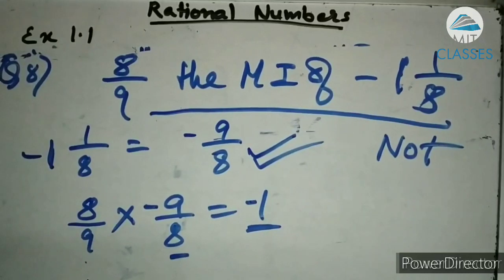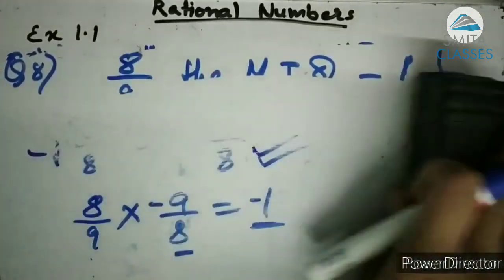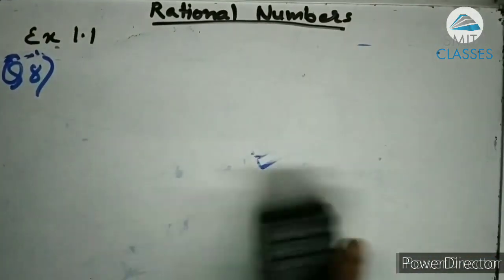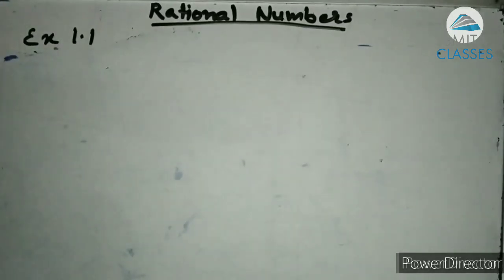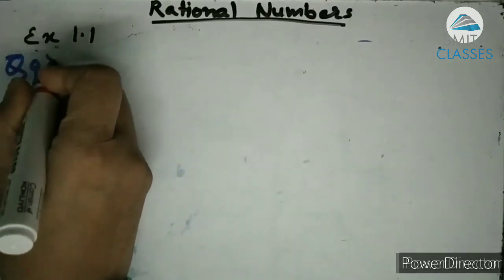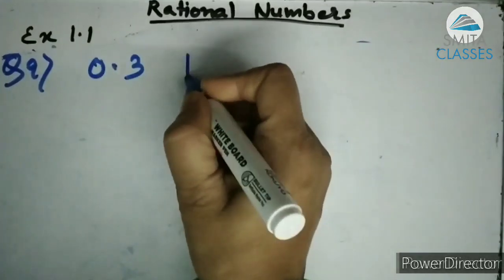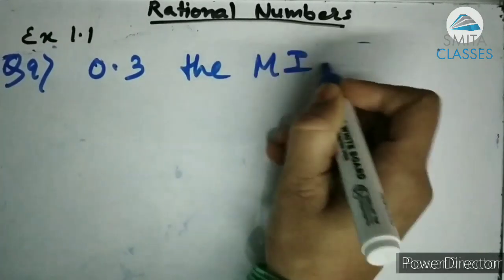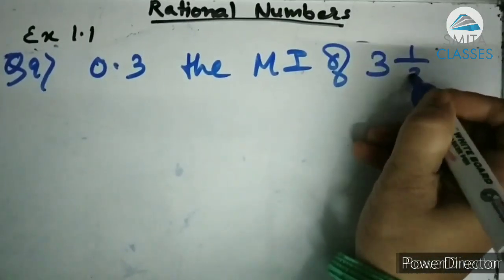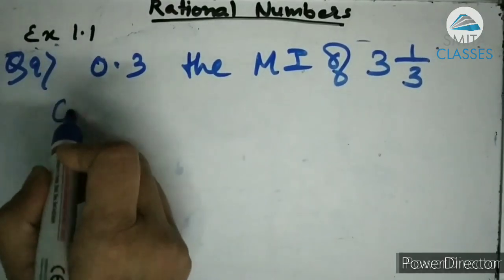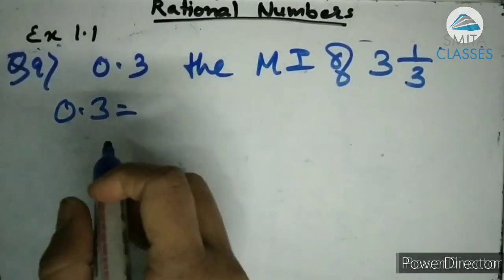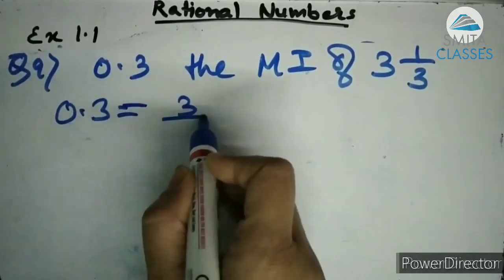Okay. Now I go for question number 9. Is 0.3 the multiplicative inverse of 1 by 3? Okay. 0.3, I can write it as 3 by 10.